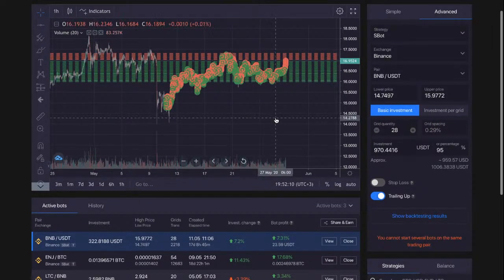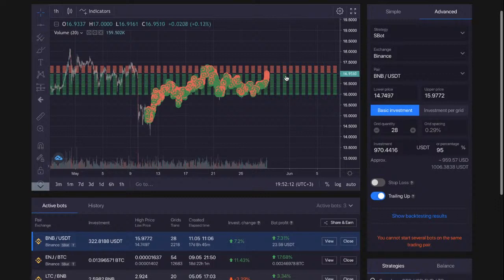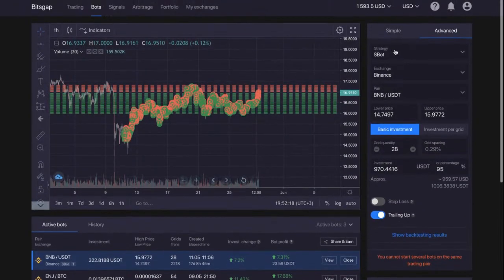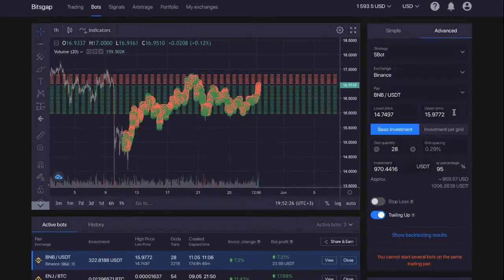All right, because you are only required to spend most of your time on the setup, because that's the plan that the bot will follow. So you only have to make sure that you have a decent plan for a selected cryptocurrency pair.